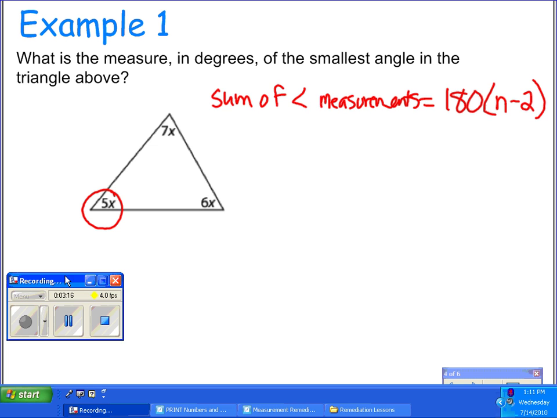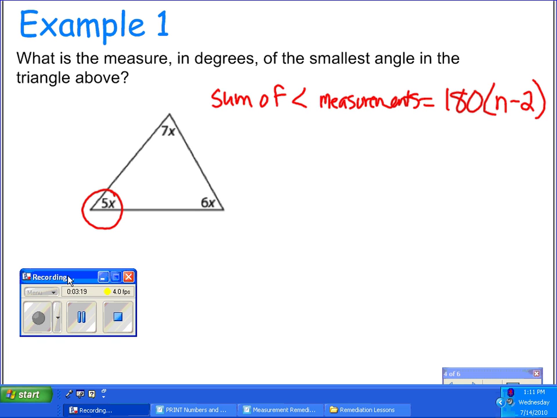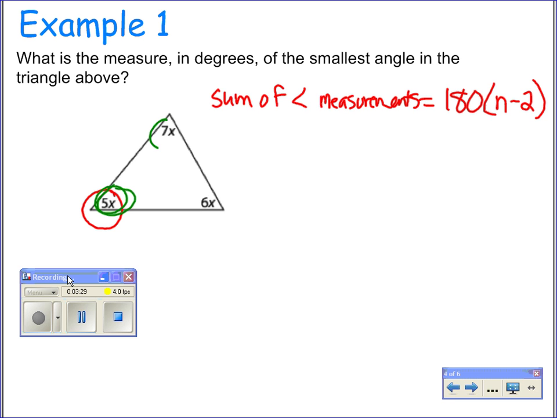Now, for the sum of the angle measurements, when you are given a triangle, you know that there's 180 degrees total for the interior angles of a triangle. And again, if you don't remember that, these are all interior angles, they're all inside the polygon. So for the sum of them, we add 5x plus 6x plus 7x, which gives us 18x.